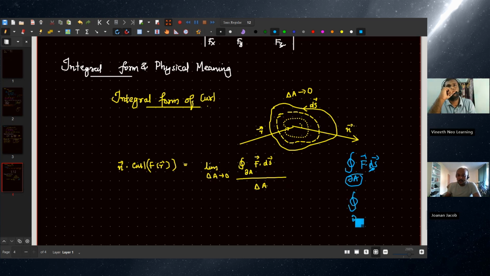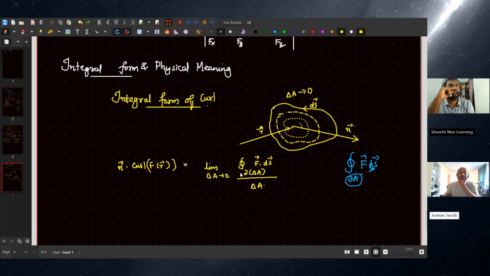Similarly, if you write the integral of f dot dA, it means we are integrating over the volume enclosed by this dA. What's that big delta? Big delta is the area around it, of that surface. One second, there is a small mistake here. This is a standard notation.